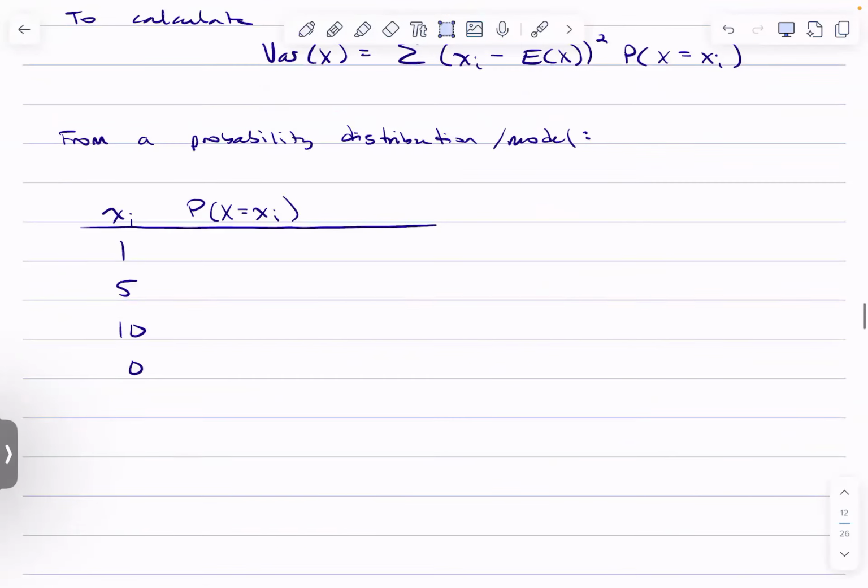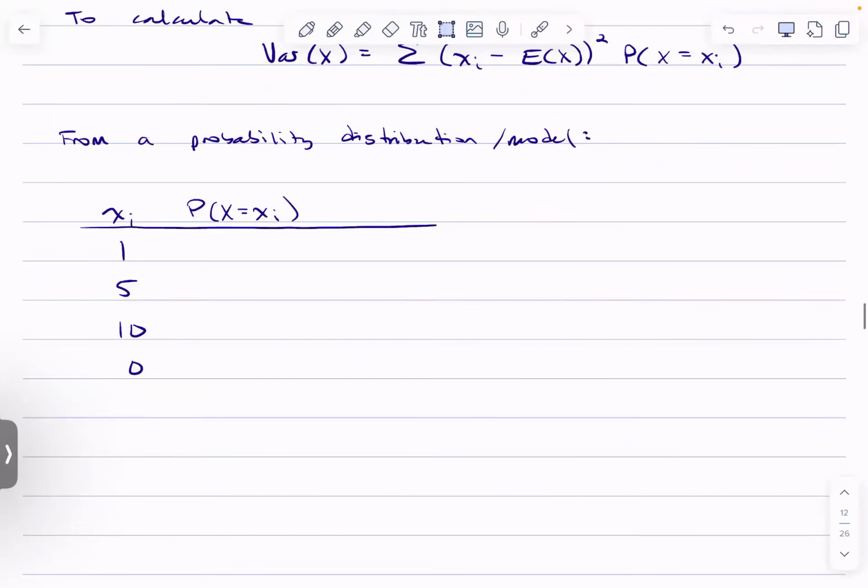And then 0 minus 0.81 is negative 0.81. So how far is each of these from the mean? That's familiar. That's the deviation from the mean.